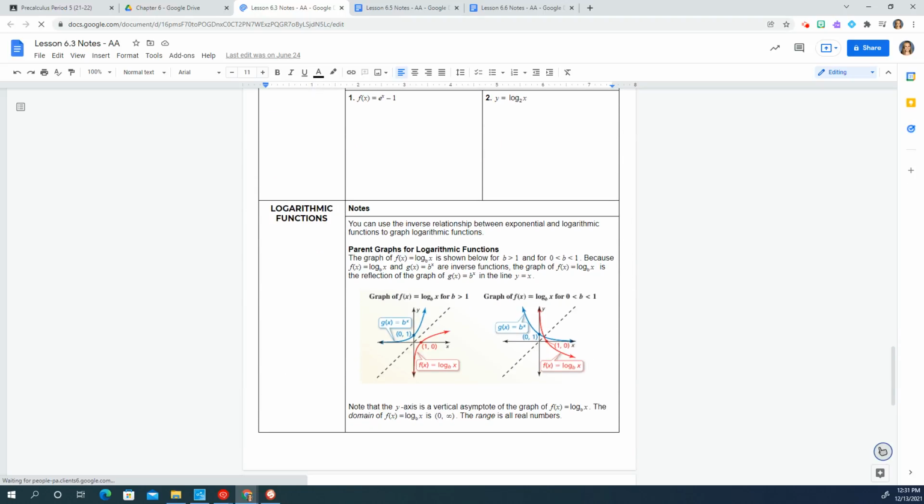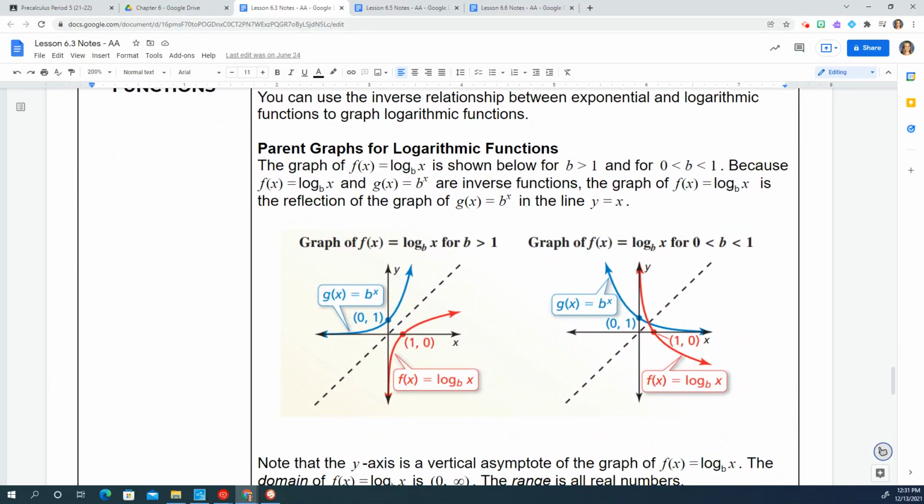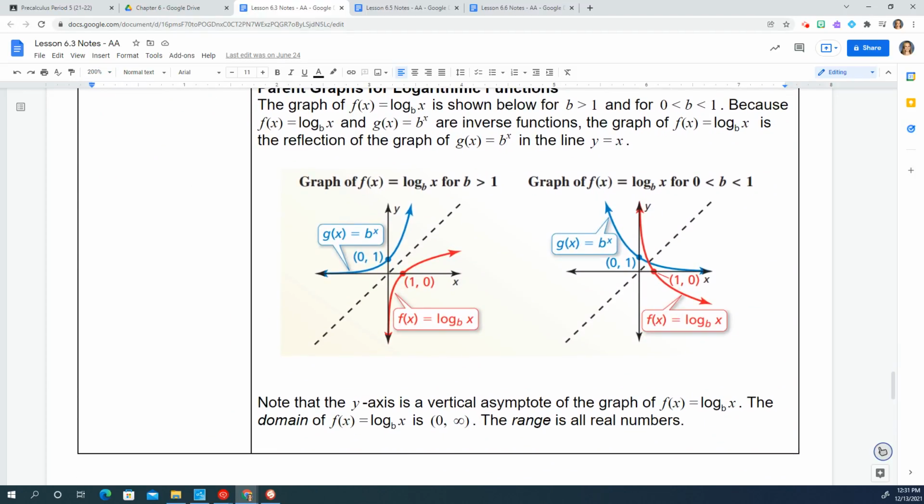Okay, yeah. I don't remember which day we did this, but we briefly talked about how logs and exponents are inverses of each other, and how the domain for exponential functions is all reals and the range is just positives, because we don't get any negative values.